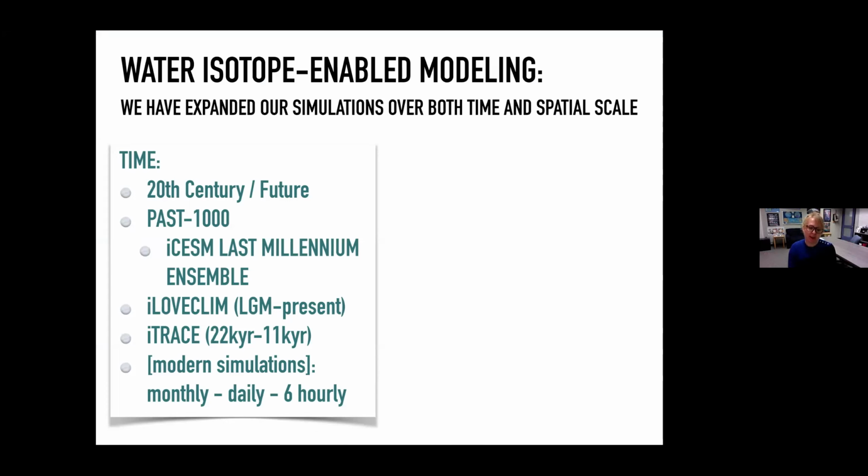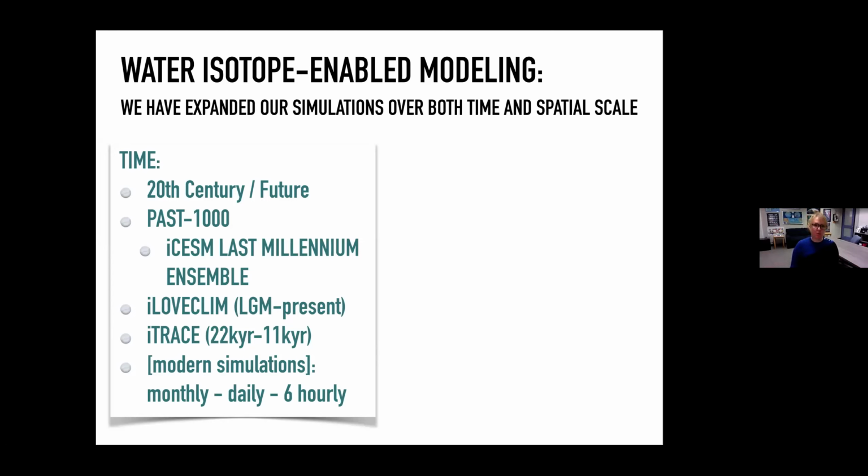The isotope-enabled version of CESM was recently made public. I know there are many, many last millennium simulations from MPI, for example. And then there are also transient simulations going back to the last glacial maximum with isotopes. I love iCESM, iTrace, and I'm sure I'm missing many others.